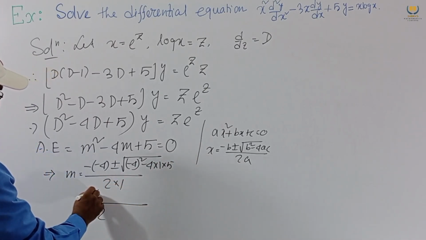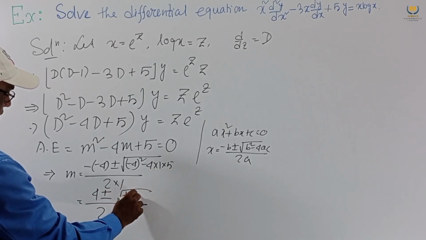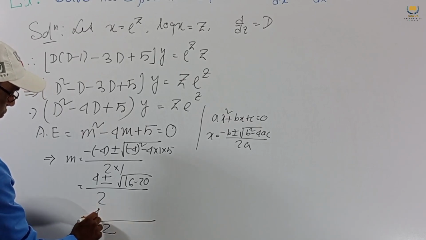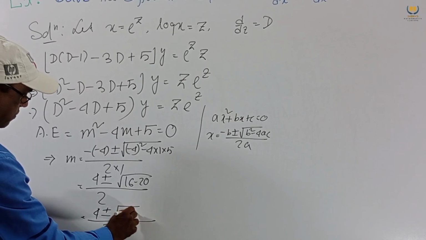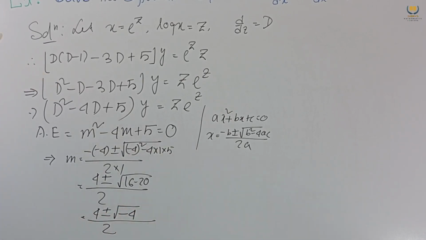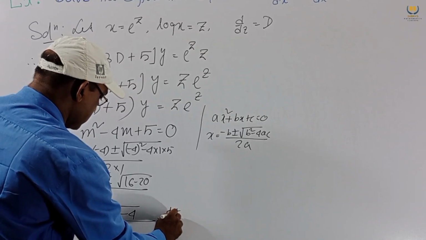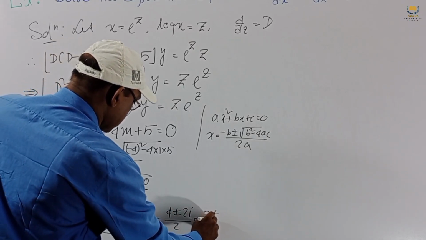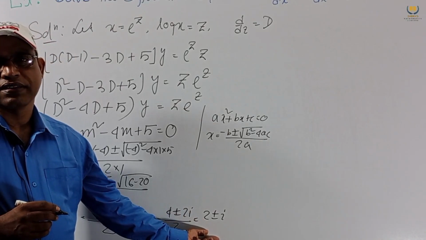This is 4 plus or minus the square root of 16 minus 20, by 2, which is 4 plus or minus the square root of minus 4, and this will be 4 plus or minus twice i by 2. This is 2 plus or minus i. So the roots are complex.